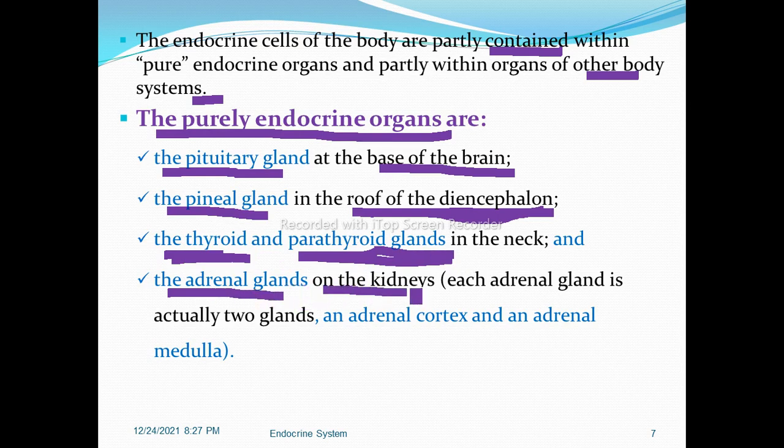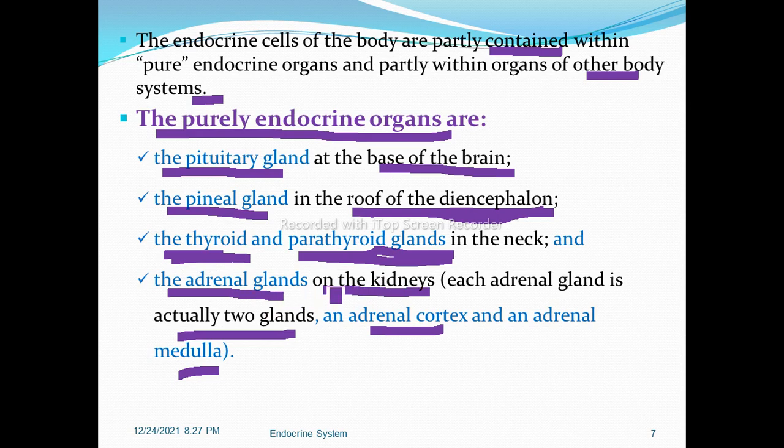Adrenal glands are found on top of the two kidneys. Each adrenal gland is actually two glands: adrenal cortex and adrenal medulla. Let me explain. Another name for adrenal glands is suprarenal glands. These two glands are found on top of the left and right kidneys.